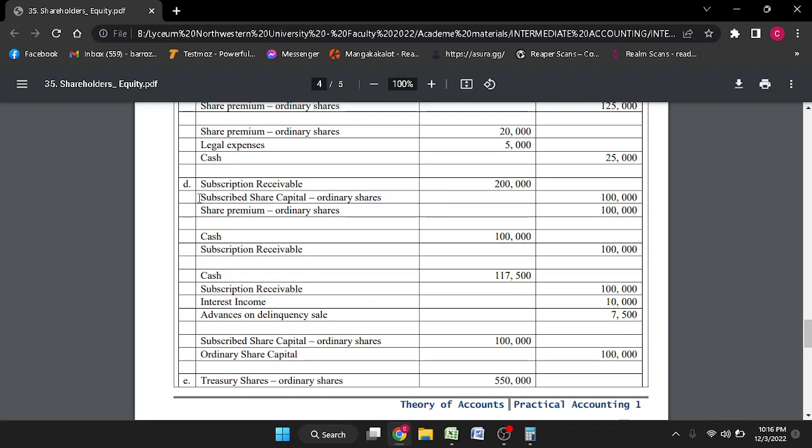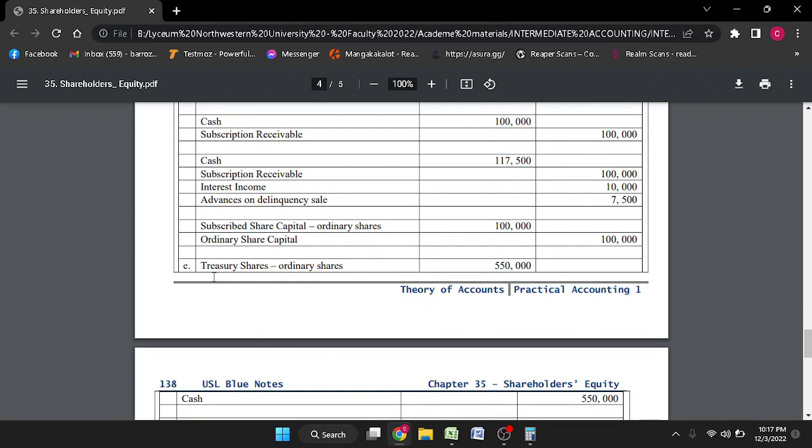Since it has already been fully paid, it will be closed to the ordinary share capital. Okay, as you can see, the subscriptions have all been extinguished or removed after the full settlement of the full subscription receivable.